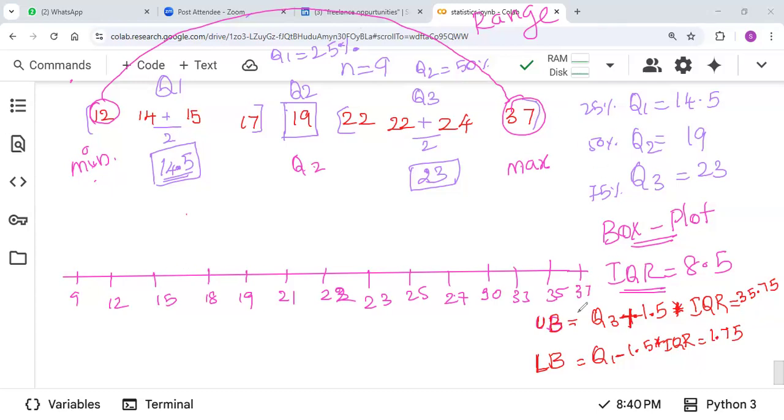It starts from the minimum value, which starts from 12. What is the maximum value here? 37.